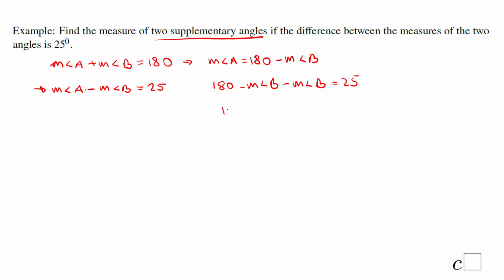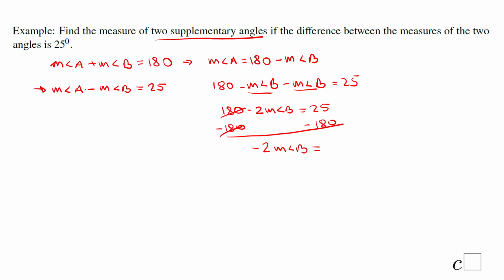So we have here 180 minus twice the measure of angle B, combining the two like terms, equals 25. Then I'm going to subtract 180. I think that's the easiest way.